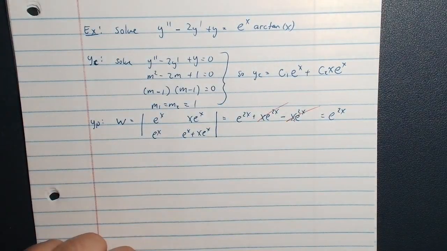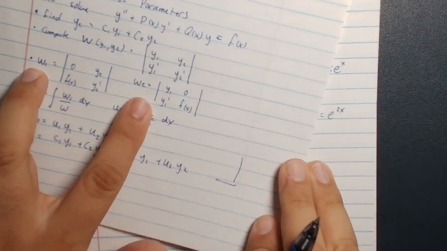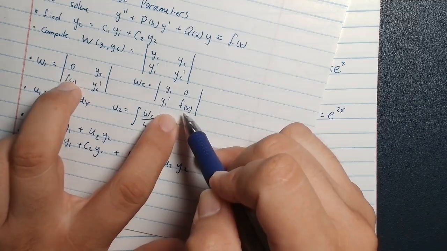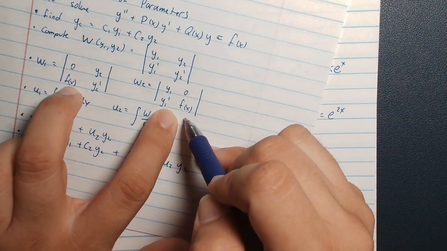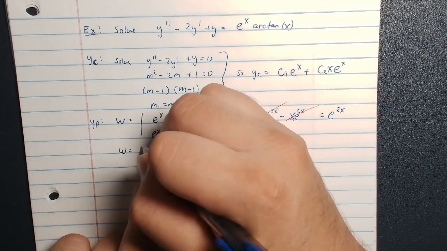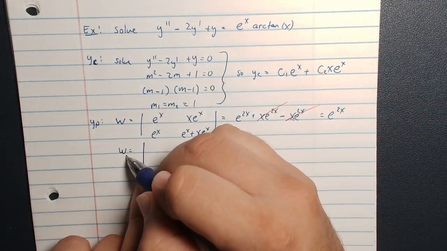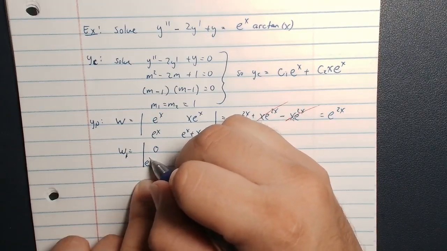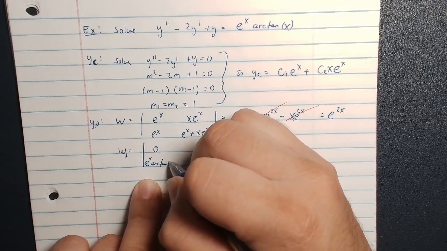Our next step is we need to find this W1 and W2, which are essentially the Wronskian, but with individual rows replaced by 0 on top, input function on the bottom. So W1, you replace the first row with 0 and your input function, e to the x arctan x.